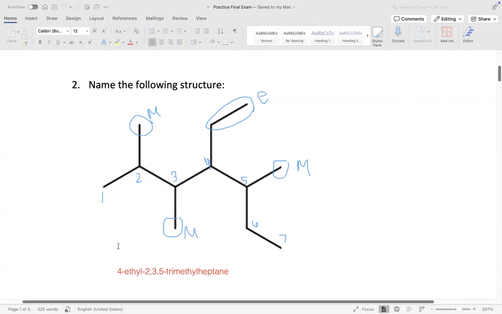Any questions about this one? I have a question. How do we know it's a methyl and ethyl again? Yeah, so let's put a different color here. All right, so here we only have 1 carbon branch. So there's only 1 carbon. So that's methyl. 2 carbons is ethyl.